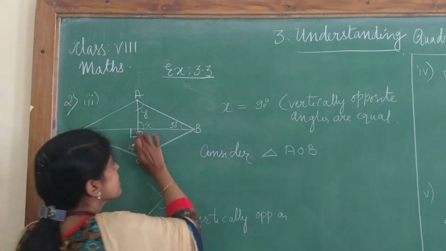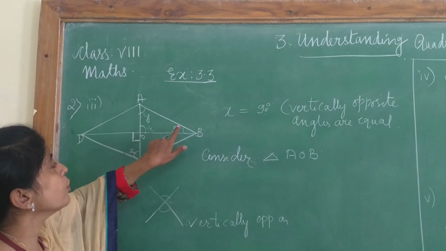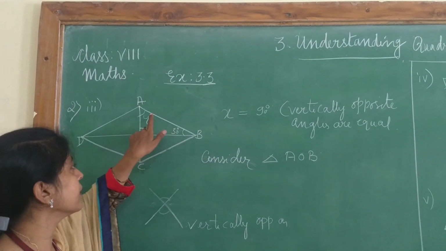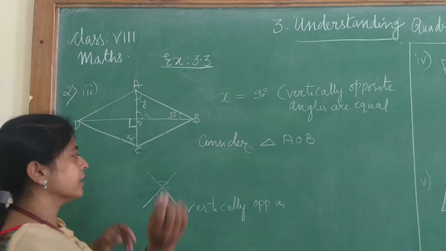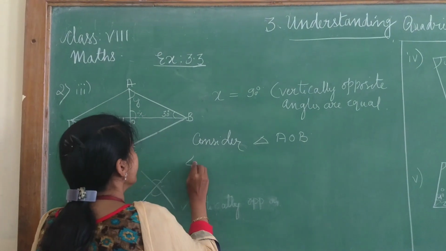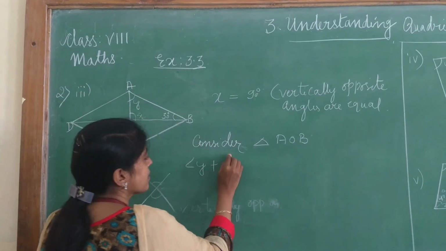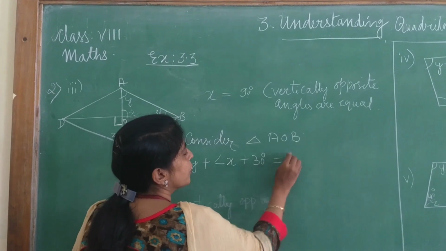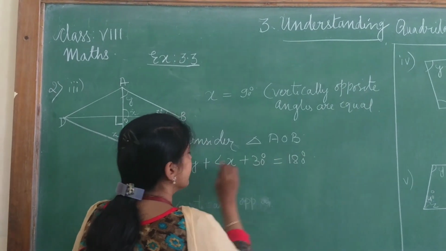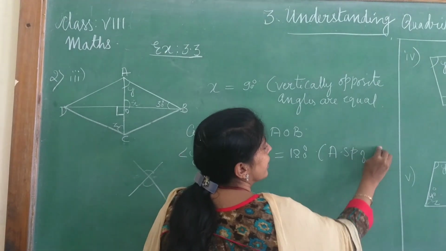As per this, using the angle sum property, if two of the angles are known, the third can be found by using the angle sum property of the triangle. That is, angle y plus angle x plus 30 is equal to 180. This is because of the angle sum property of the triangle.